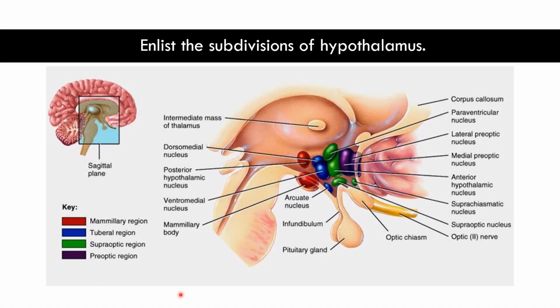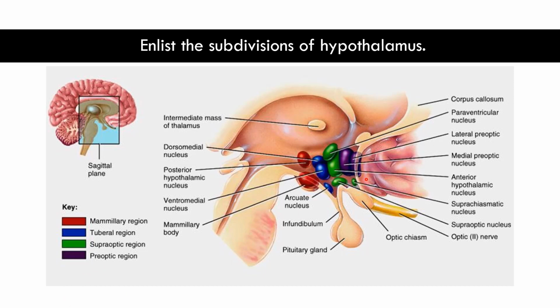Let's get oriented here. This is anterior side, this is posterior side, optic chiasma, infundibulum, aqueduct of Sylvius, foramen of Monro. Yes, from anterior to posterior side, if we have to divide the hypothalamus into different columns by vertical lines, imaginary lines, we can divide it. The different colors have been shown here.